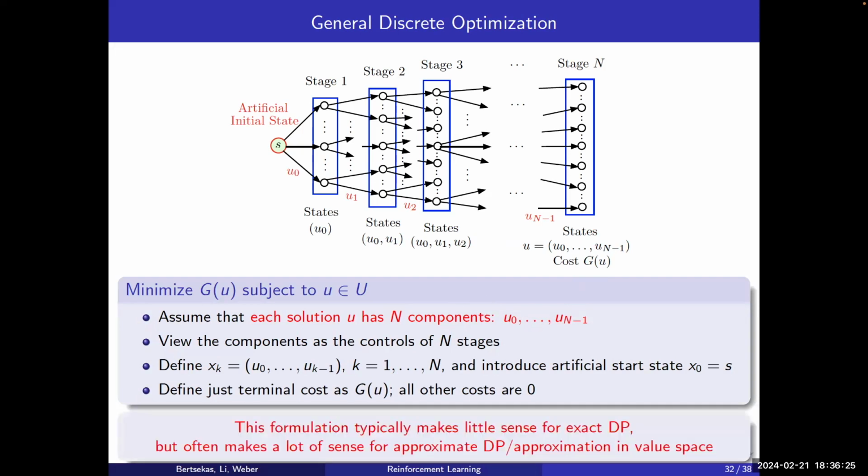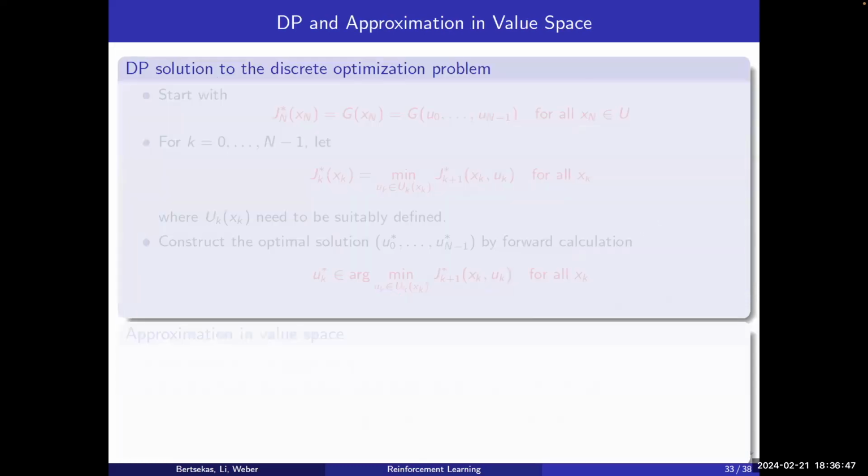Of course, this formulation typically makes little sense for solving the problem exactly, but often it makes a lot of sense for approximate dynamic programming or approximation in value space methodology applied to discrete optimization problems.